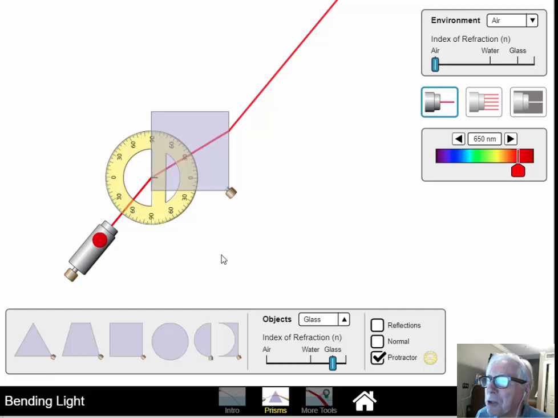Protractors are the most misunderstood device because they've got numbers on them, but the best thing to do is to count. If I had left that like that and I just read the scale, then my values will be incorrect, because I need to measure from the surface normal, and it's saying 90 degrees by the surface normal. Now, I can twist it, but people sometimes forget to do that.